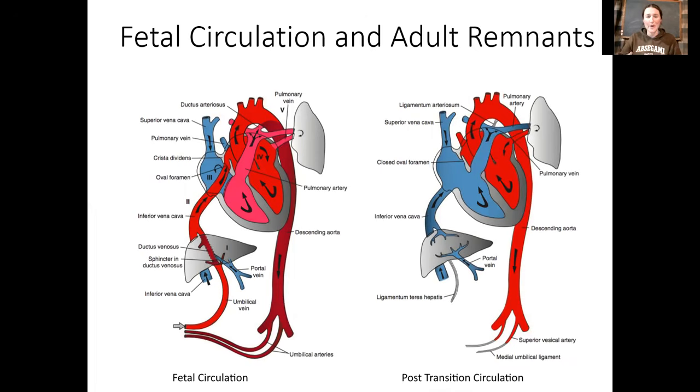Okay, so this is kind of thrown in there to expand upon a couple different structures that are present in the adult heart that are actually remnants of the different fetal circulation. And so just to orient you to these diagrams here, I want to point out that this here is essentially the fetus's, right, baby's belly button.